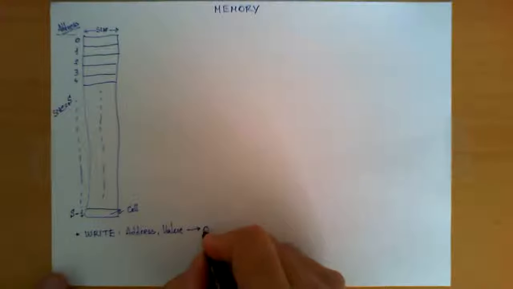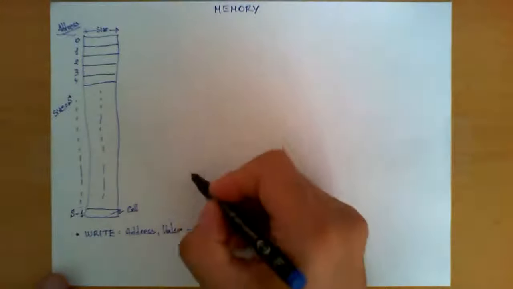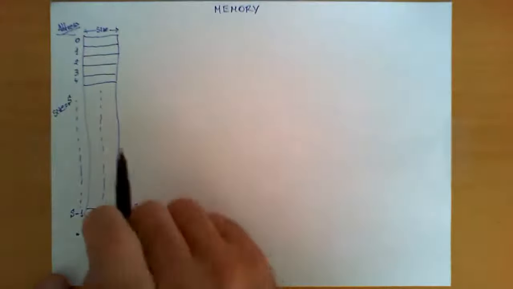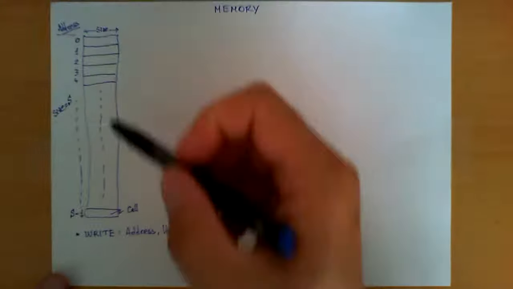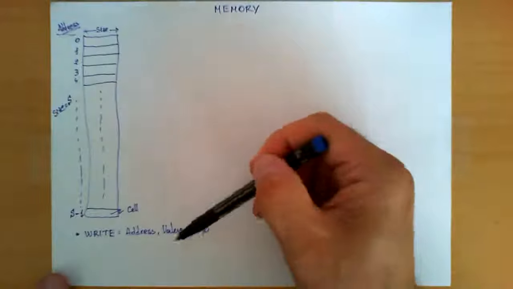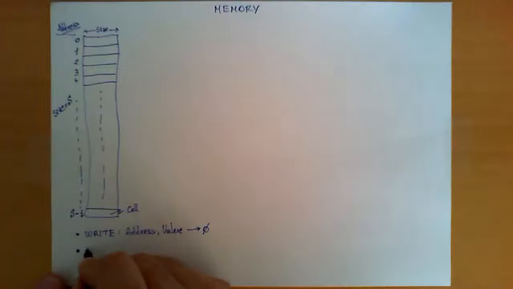It doesn't return anything, but intuitively, the value is written in the cell whose address is given. So given these two elements, this table makes sure that this value is stored in that box. The other operation, of course, is a read operation.